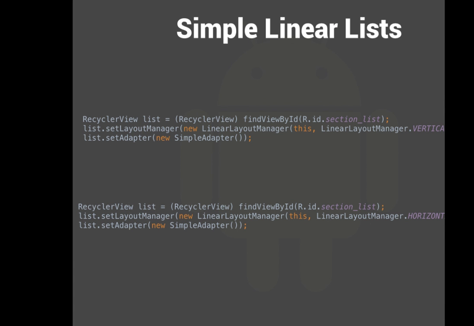All right, so the basic list is extremely simple to implement. One of the things that we have with RecyclerView that we didn't have before is there's essentially a default layout manager provided that you can attach to your RecyclerView, called the linear layout manager. This allows us to do vertical scrolling like a traditional list view, or horizontal scrolling like most of us have wanted to do for a very long time.